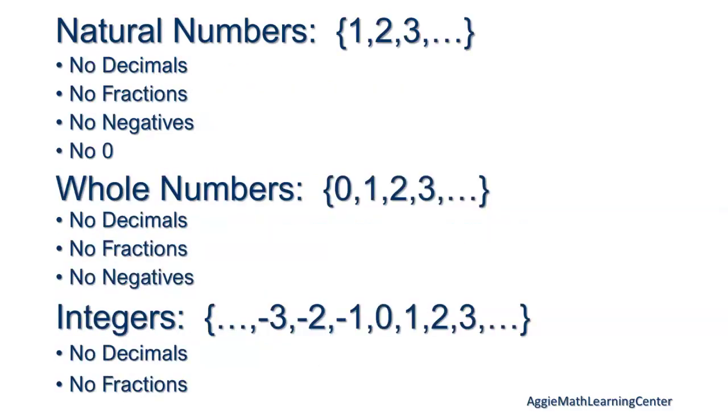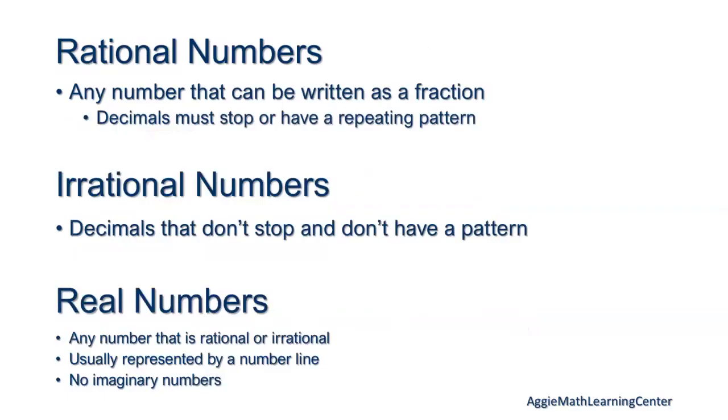No? Cool. And then as a continuation of these numbers in real numbers, rational numbers are anything that can be written as a fraction, or, the way I like to remember it, a ratio. So any fraction is a ratio.